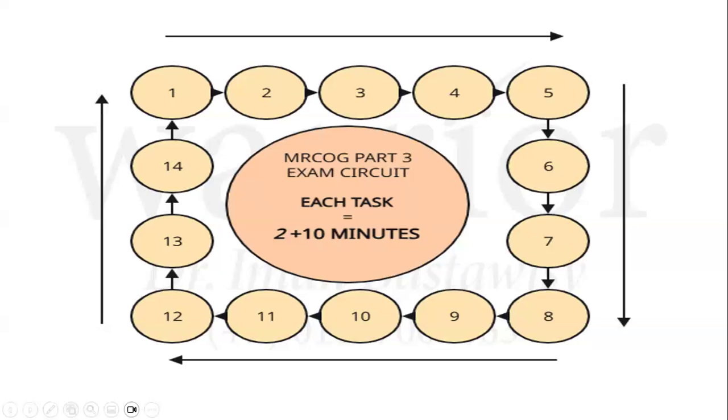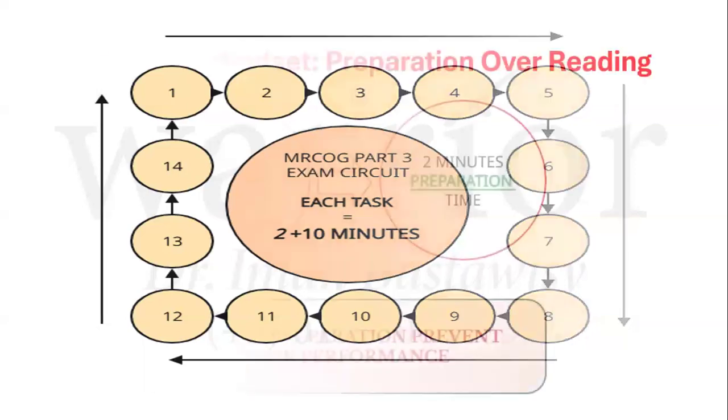Then you go outside the cubicle to the next station, where again it is 2 minutes outside, 10 minutes inside, and so on. As you can see, stations run back to back and your saving moments are these 2 preparatory minutes, which are our subject today.